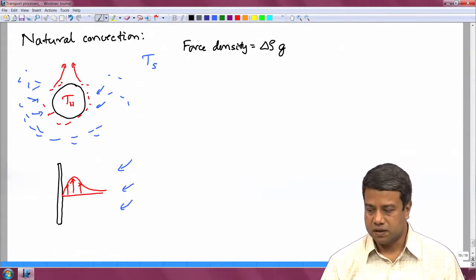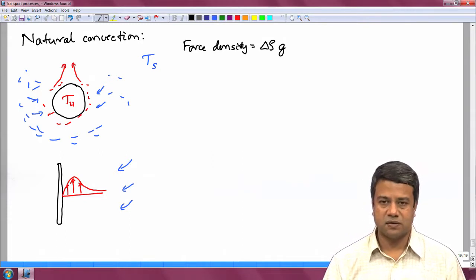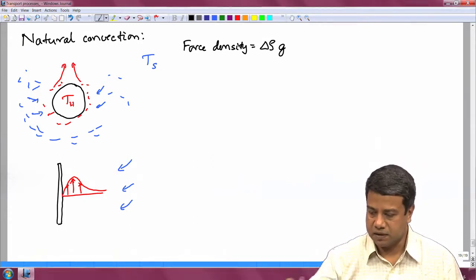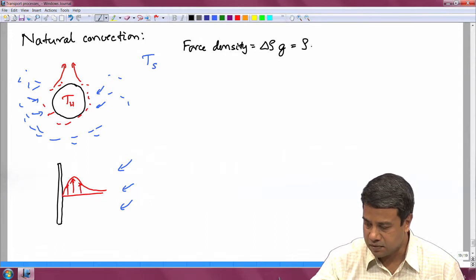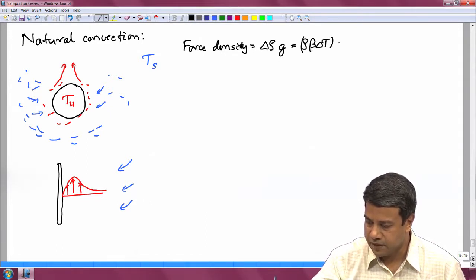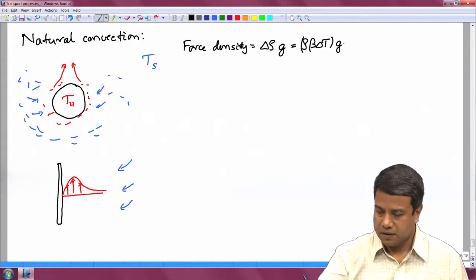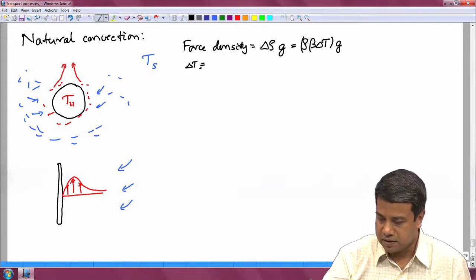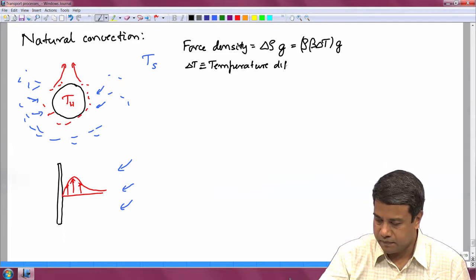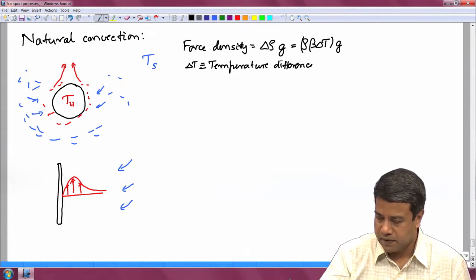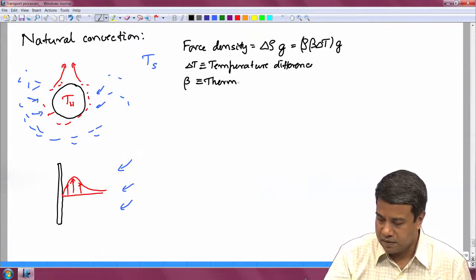Now, the change in density due to temperature can be written as rho beta delta T, times g, where delta T is the temperature difference and beta is what is called the thermal expansion coefficient.